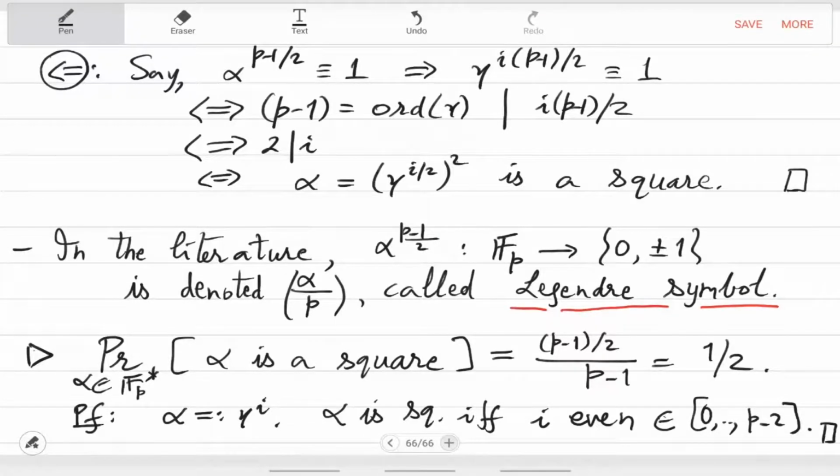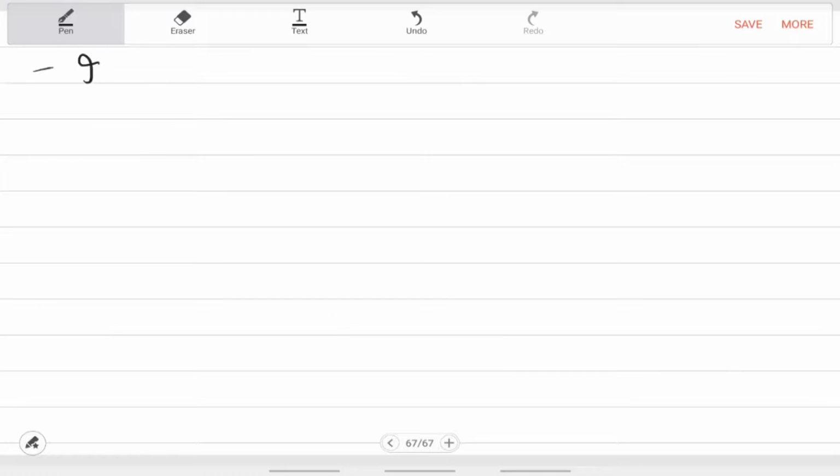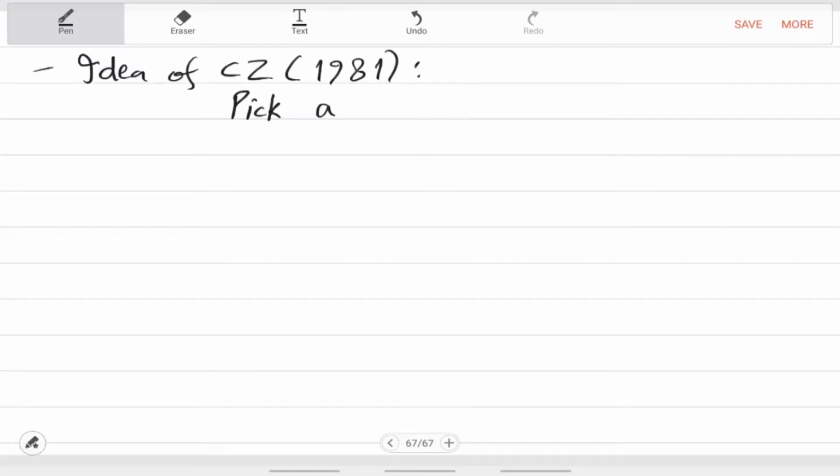Cantor-Zassenhaus is directly based on these ideas. The idea is that you pick a random element A. This notation means that you are picking A from 0 to p minus 1 by flipping coins.